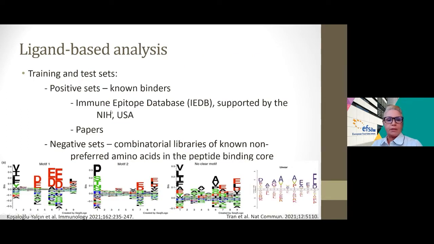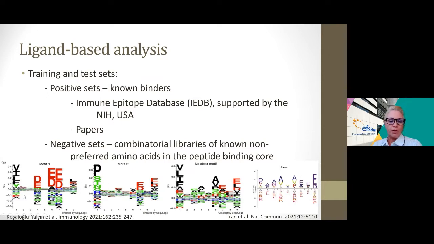The positive sets were collected from the ImmunoEpitope database and from different other sources and references. And the negative sets were generated as combinatorial libraries of non-preferred amino acids at different positions in the peptide binding core.